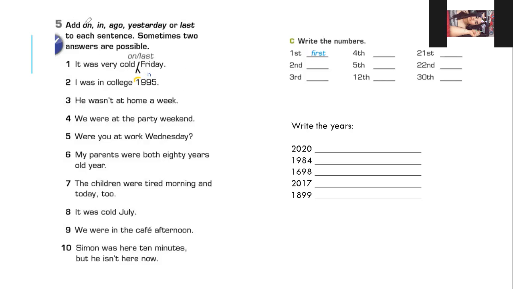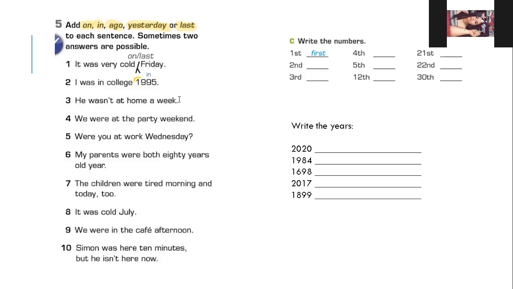Para poder usar last, tendría que quitar el a. O sea, no puedo decir he wasn't at home a last week. It doesn't make that much sense. ¿Qué palabra queda mejor? He wasn't at home a week.